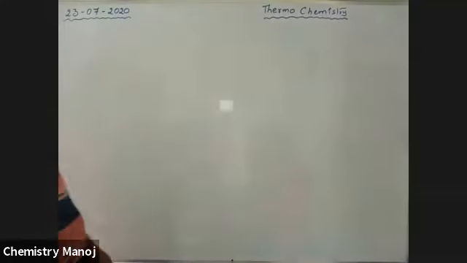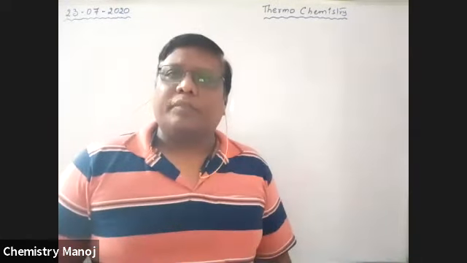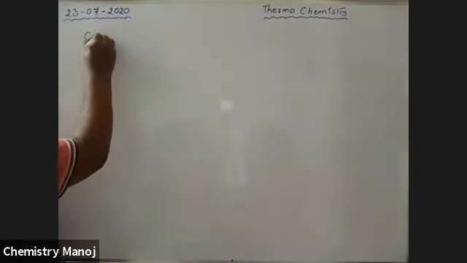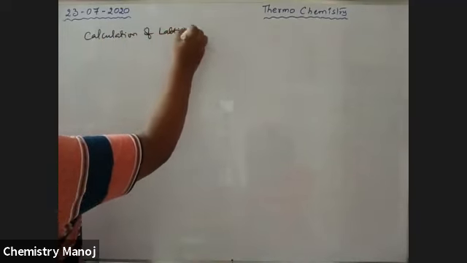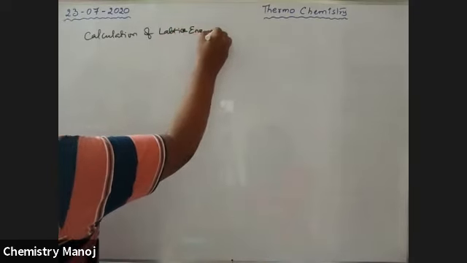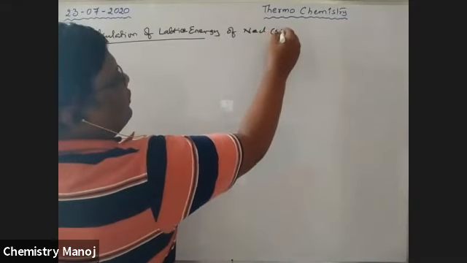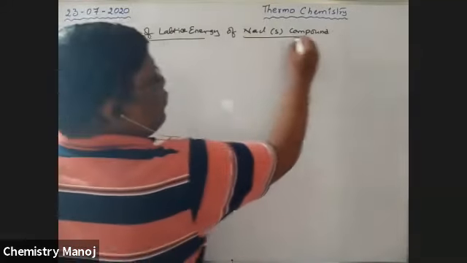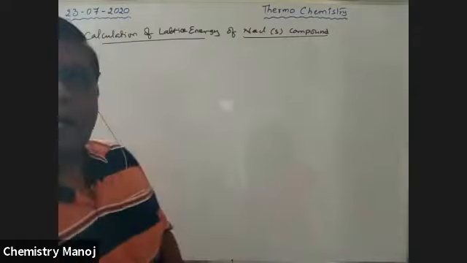Now, calculation of lattice energy using Hess law of constant heat summation. See boys, calculation of lattice energy of the NaCl compound.